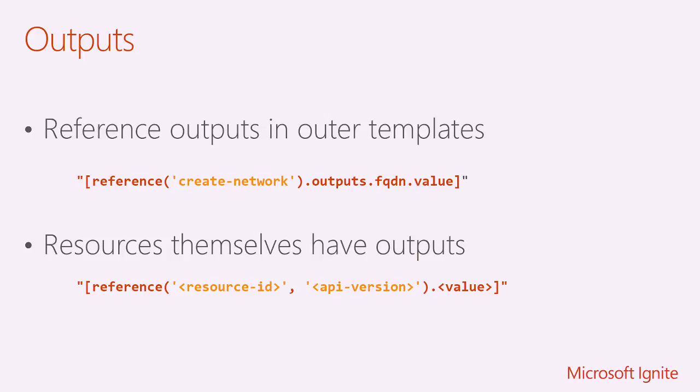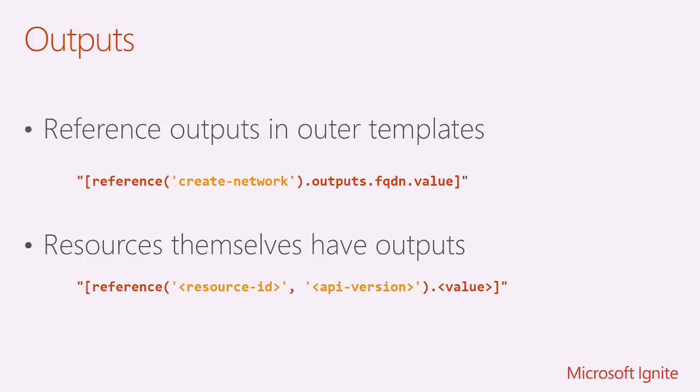So we can then reference those outputs. If we have a linked template, we can reference those outputs from other templates within the outer template. So here, that create network resource that we were calling out to, we can get the output from that linked template in the template that called it.